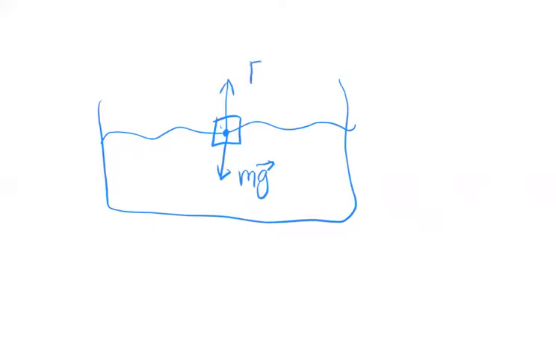And that force would be the buoyant force acting on the object. And the formula for the buoyant force is the density of the fluid times the volume of the water displaced, or in other words, the volume of the object times the gravitational constant.